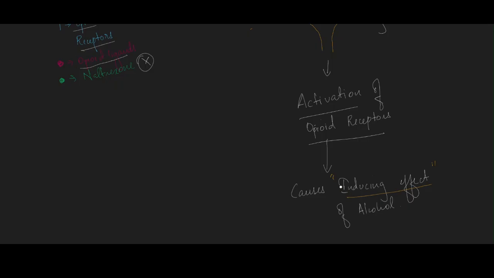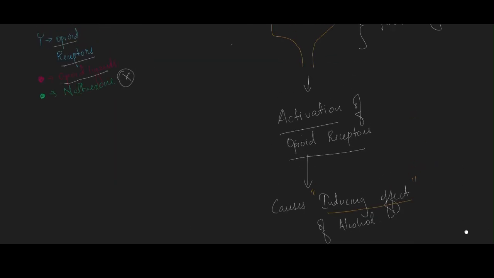This opioid activation is the reason why you get an inducing effect of alcohol. People always seem to be drowsy. They have this sedative effect. That is caused by the activation of the opioid receptors.